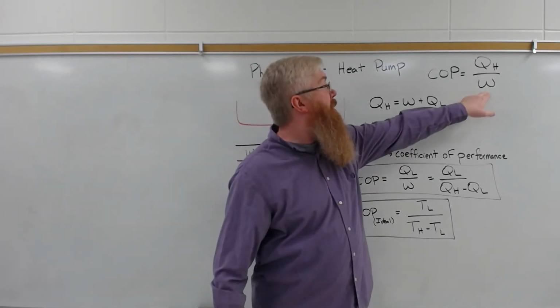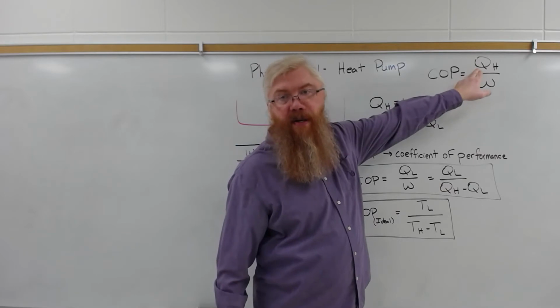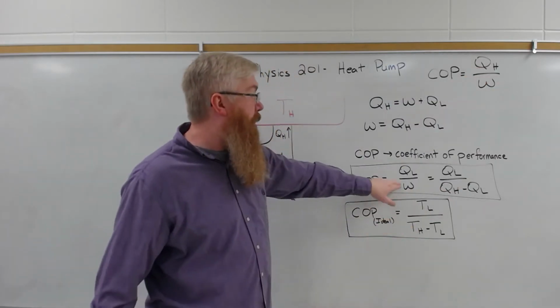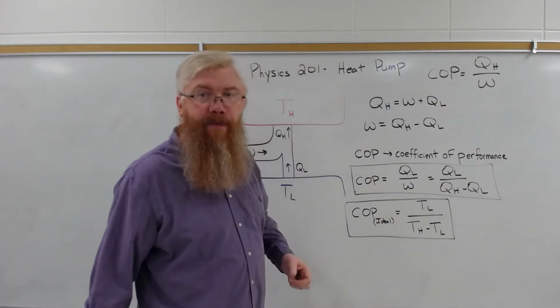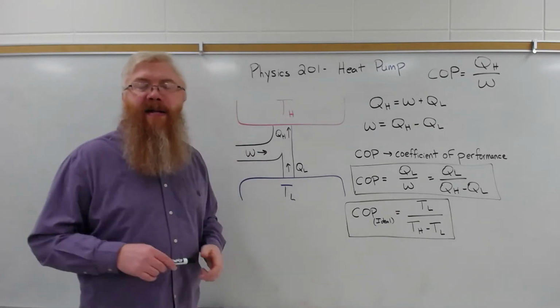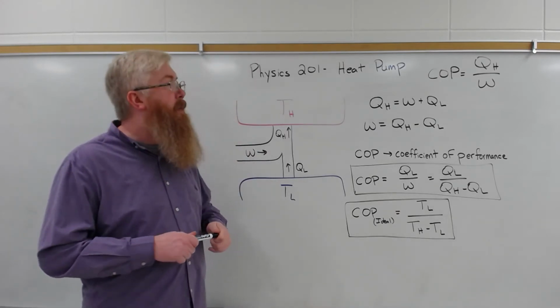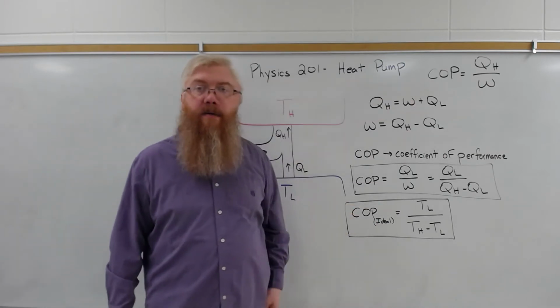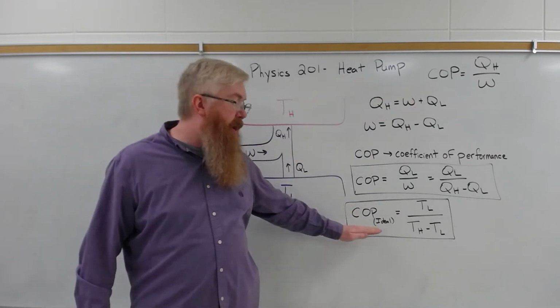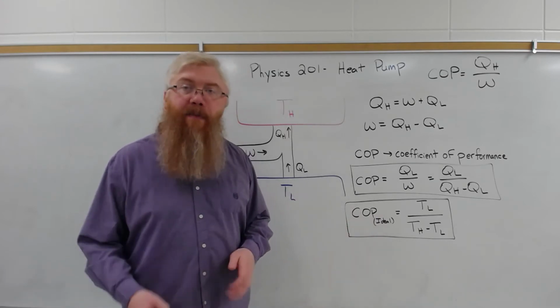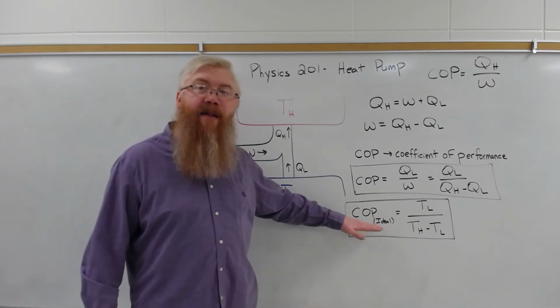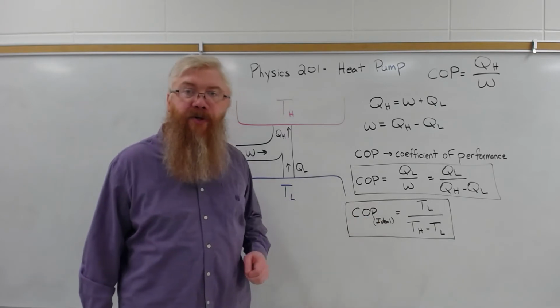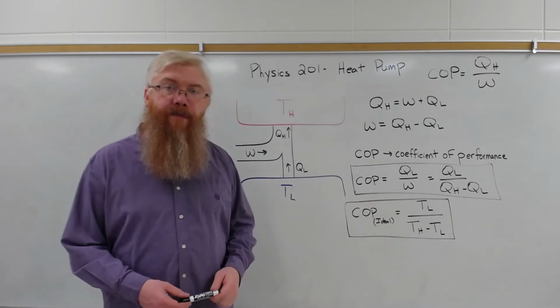So the bigger the work done, this also increases Q sub H. Whereas if you increase the work here, your coefficient of performance will drop. So it's a little pedantic, but there's a slight difference between the coefficient of performance for an ideal refrigerator and a heat pump. But just a reminder, what trips most students up, in my experience, is the fact that if you don't use Kelvin for temperature, you will get the wrong answer.